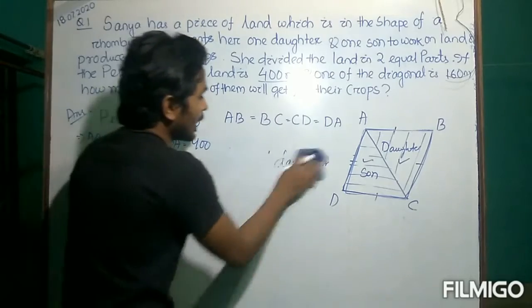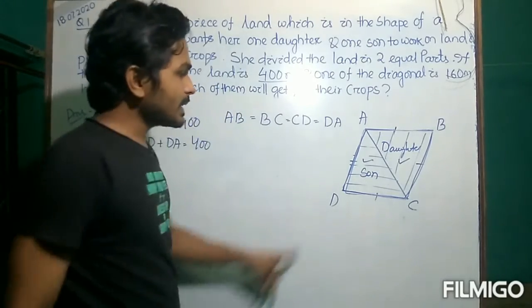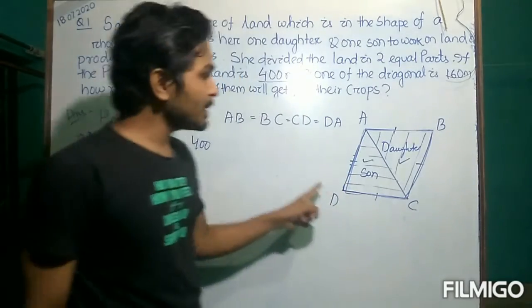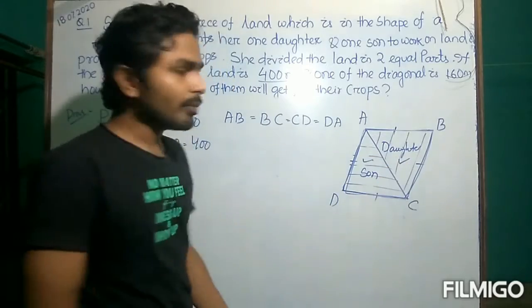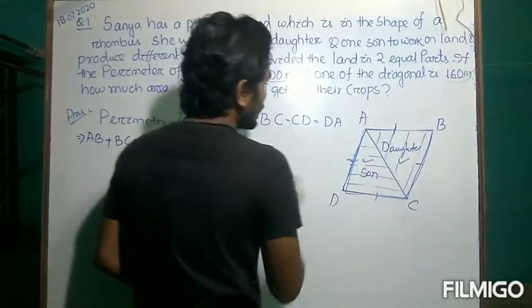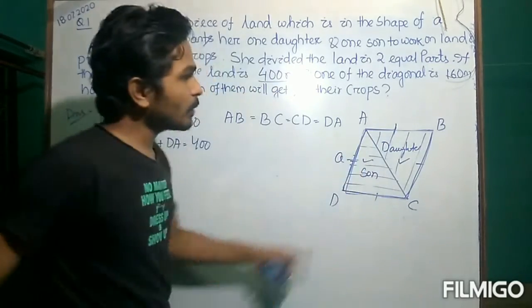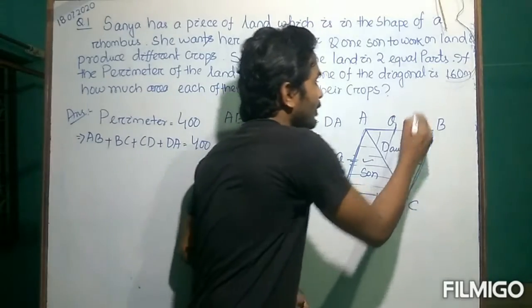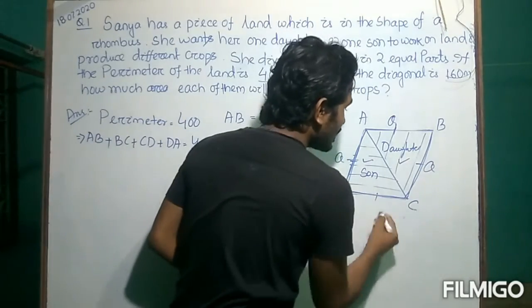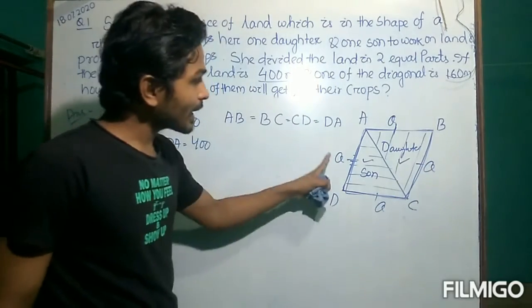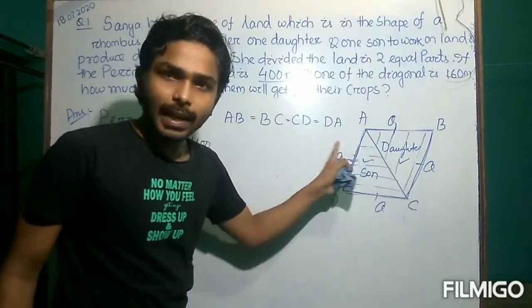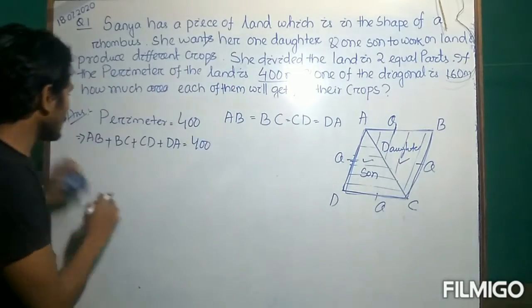Clear? Now, as you know, since it is a rhombus, all the sides are of equal length. Suppose this side is A, then what is the length of this side? Also A. This is also A and this is also A. Now we can calculate the length of the side.